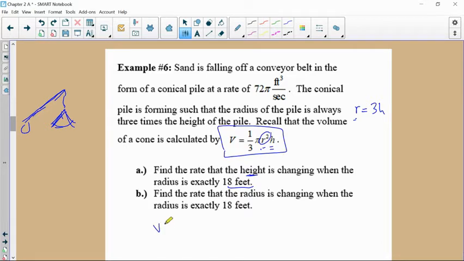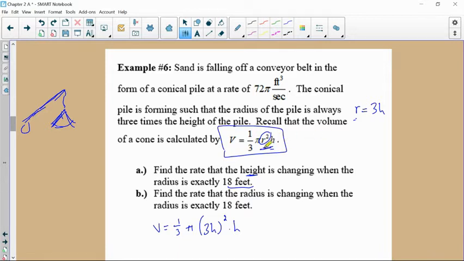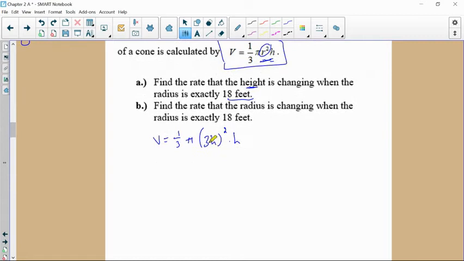So I'm going to say volume equals 1/3 pi, and then 3h as a quantity squared times h, right? Because again, I'm trying to eliminate having r's and h's. So let's simplify first. 3 squared is 9. 9 times 1/3 would be 3 pi. And then I'd have an h squared, another h, so h cubed.